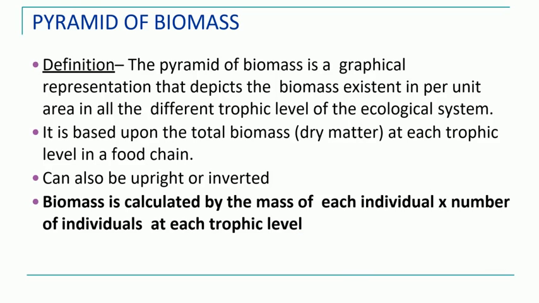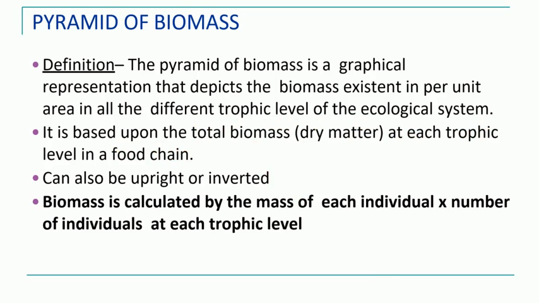So let's see the definition of pyramid of biomass. The pyramid of biomass is very simply a graphical representation that depicts the biomass present per unit area at different trophic levels of an ecological system, and it is based upon the total biomass, that is dry matter, at each trophic level in the food chain.